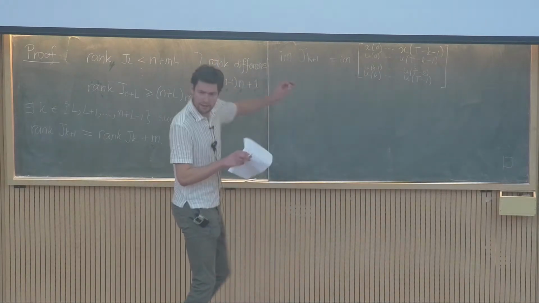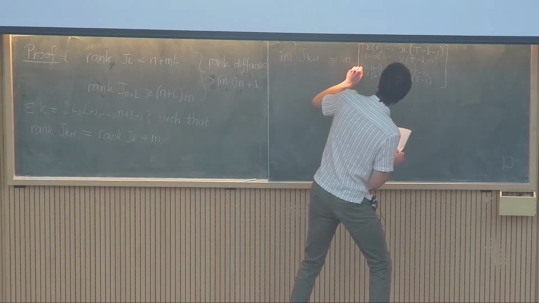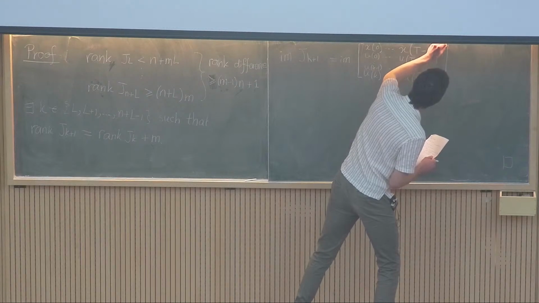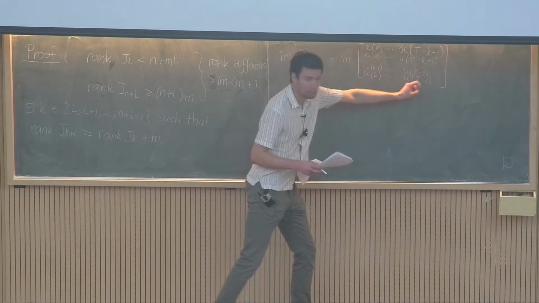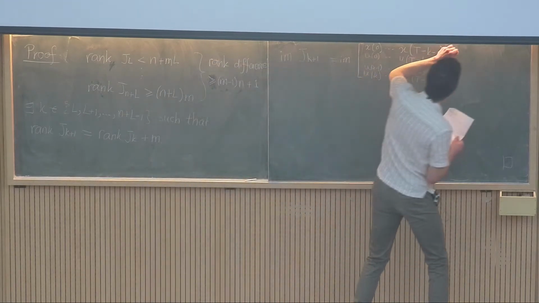Okay. Maybe I can use a different color here. Because if you look now at the submatrix of this matrix, in particular the one over here, so I exclude the last part, the last m rows of this matrix, then these are all columns of J_k.